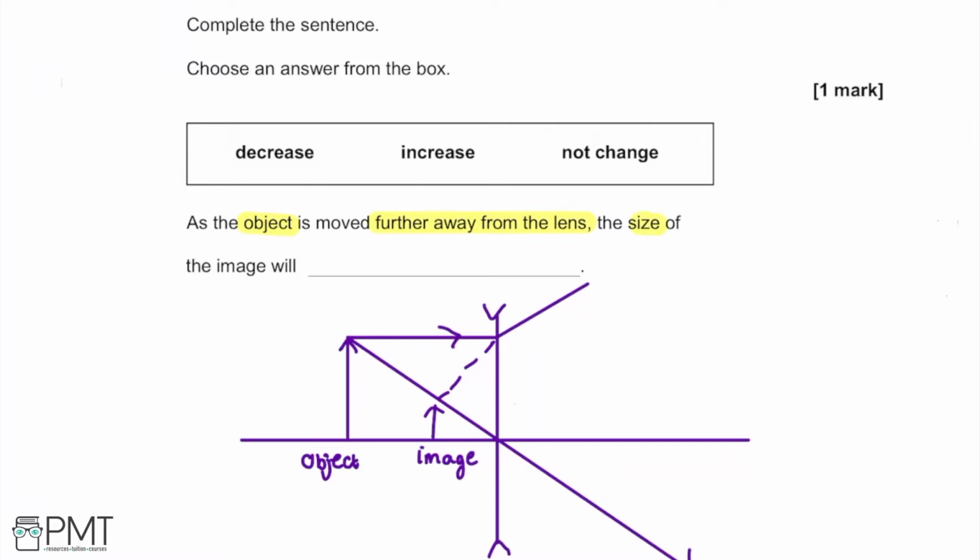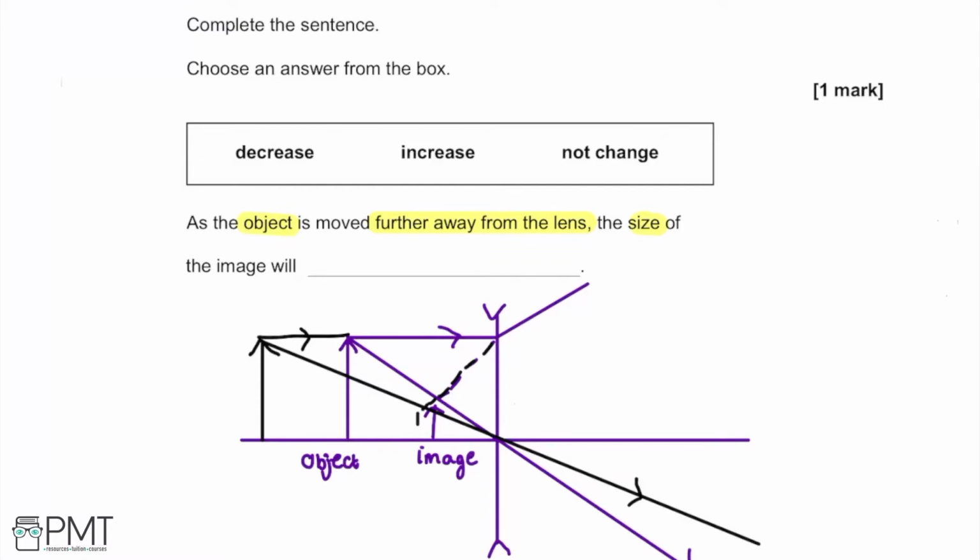And then if I go in with a different colour and we move the object further away to make sure it's the same height, now we can go back and draw another line through this point where the two meet, this ray. The parallel ray is going to be the same, it's just going to carry on in the direction that it was before. So we can trace this dotted line back yet again to this point here where the image meets.